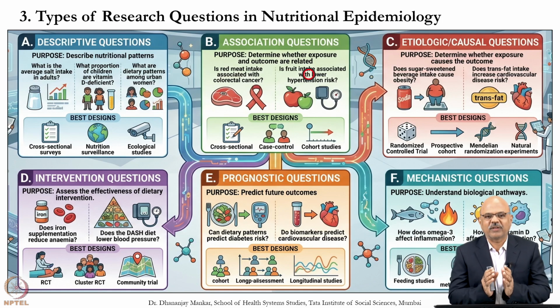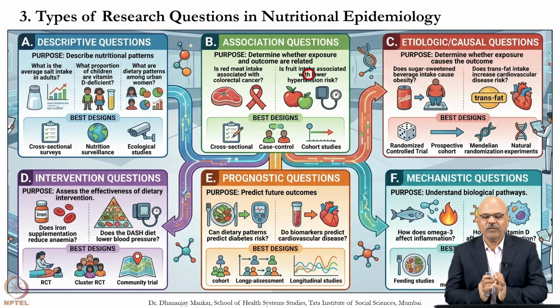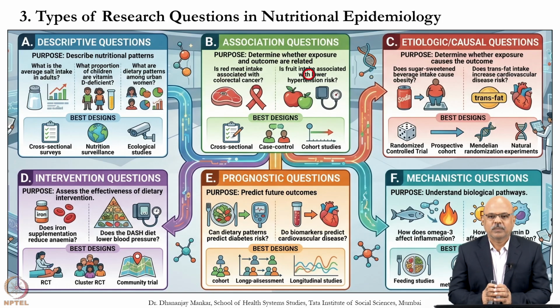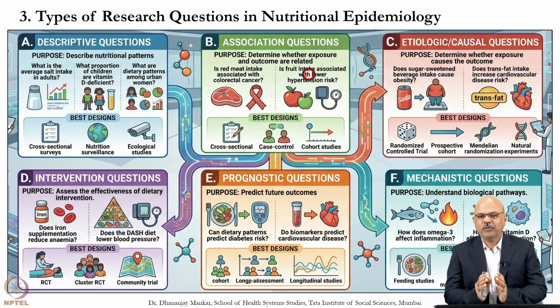What are the best designs that can be used for association questions? Cross-sectional, case control and cohort studies. Okay. Then comes etiological or causal questions. Causal questions are very important. You can see it in studies also. What is the purpose of etiological causal questions? It is to determine whether exposure caused the outcome. So exposure is linked over here.